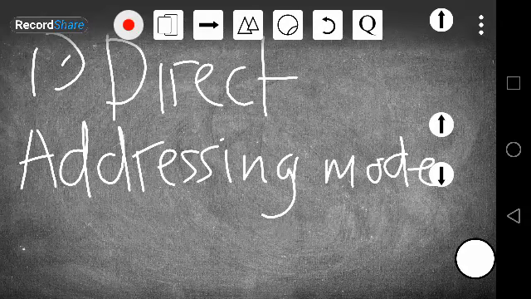Okay. What is direct addressing mode? So in this mode, we are saying the address of the operand is present in the instruction.